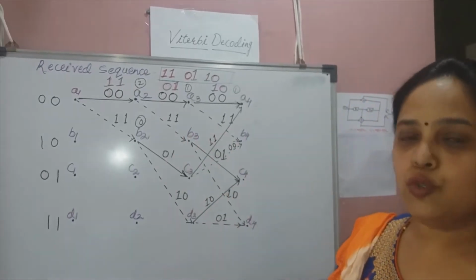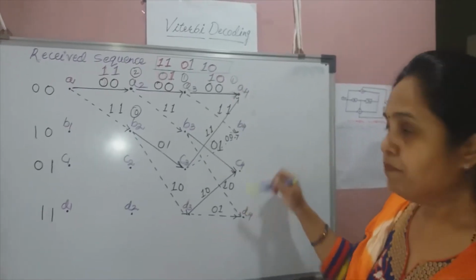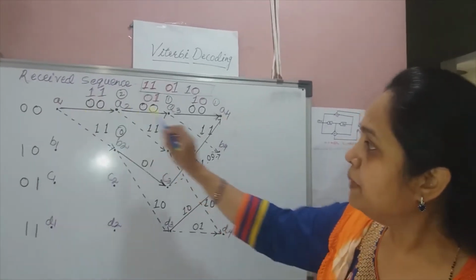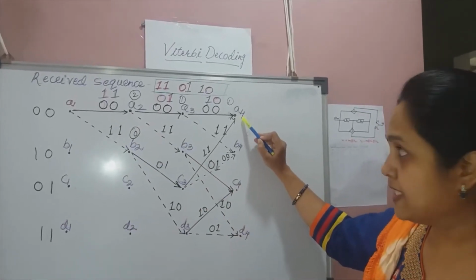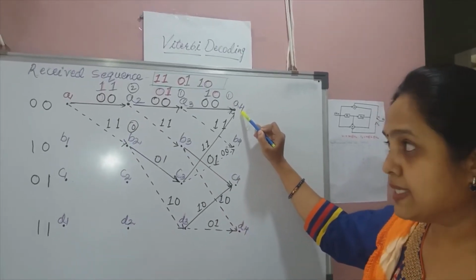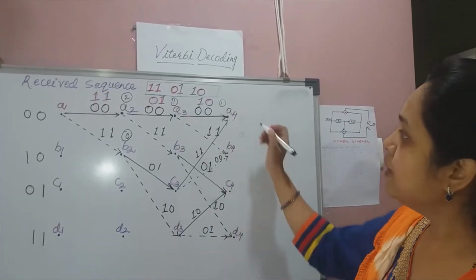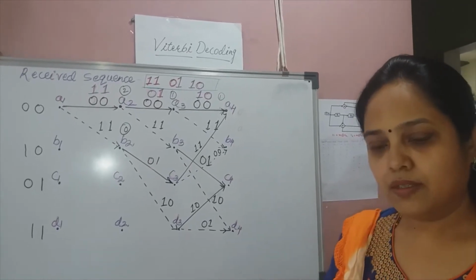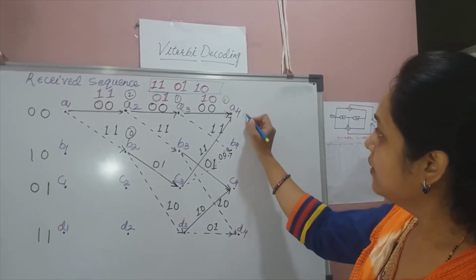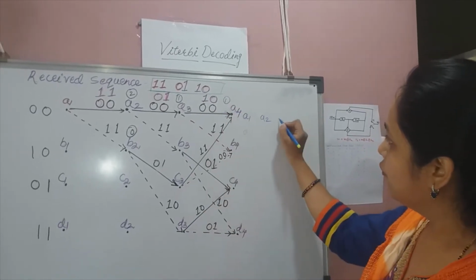What we are supposed to do is, in the last column you can see there are multiple paths coming at the same node. For example, at node A4 you can see there are 2 paths coming together. The first path is A1, A2, A3, A4.